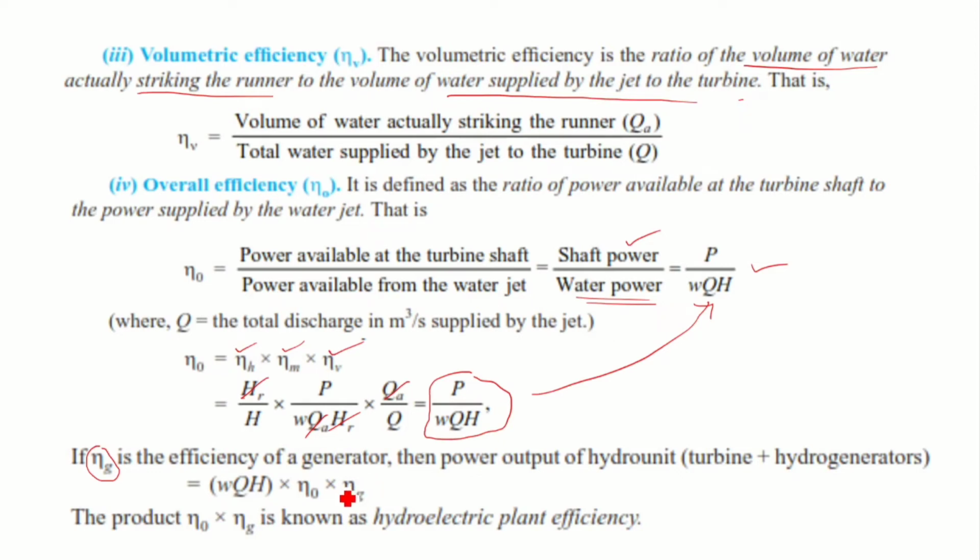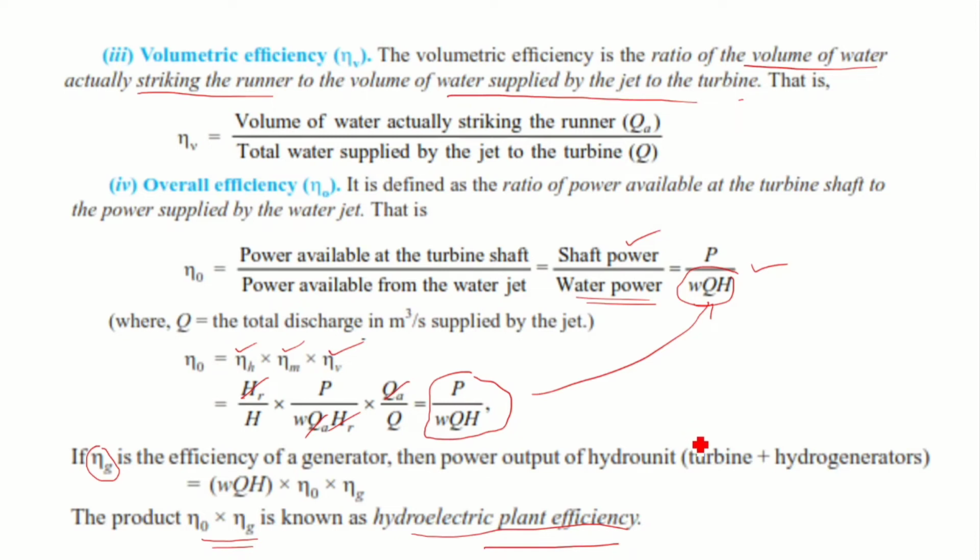So multiplying overall efficiency and efficiency of the generator to the power given to the turbine, that is water power given to the turbine, it gives the total power output of the entire hydro unit. So overall efficiency into the efficiency of the generator is known as hydroelectric power plant efficiency.